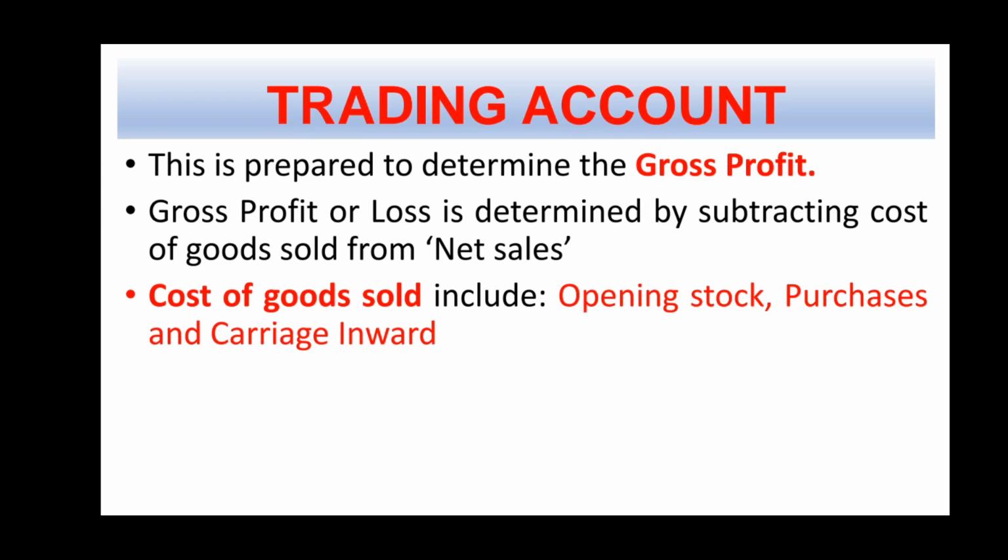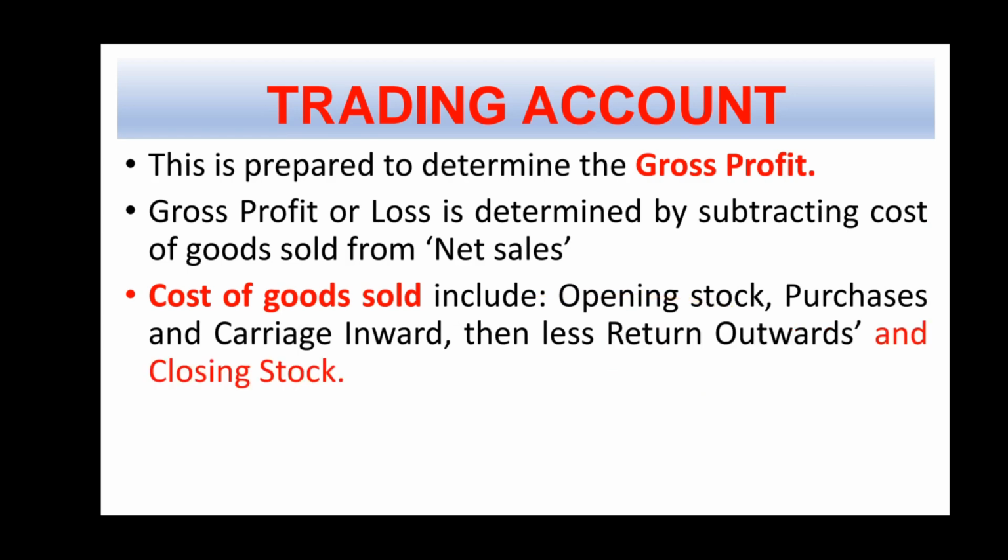When we add all these together, we then deduct return outwards, that is goods that were damaged in transit, so we have to return them to the supplier. The cost of those will be deducted from the addition of opening stock, purchases and carriage inward. Then we subtract the closing stock. When we do this, we arrive at what we call cost of goods sold.